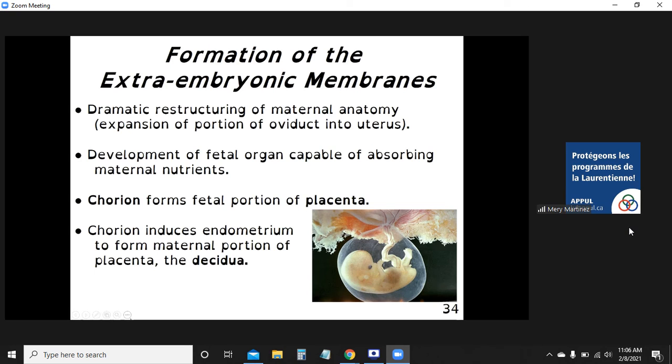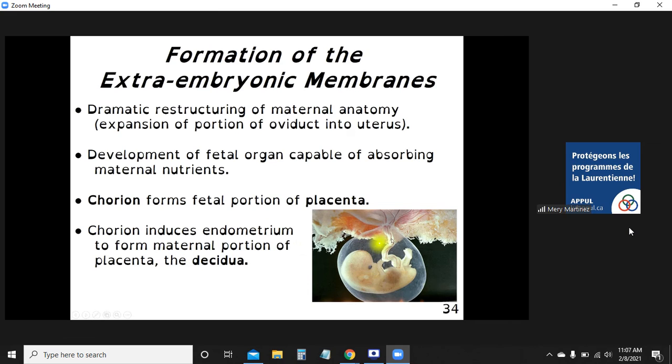If the lining of the uterus is allowed to shed, bye-bye fetus, right? Because it's sticking into it. So it produces regulators also of the immune response from the mom, so the embryo is not rejected as foreign tissue. So the chorion induces the endometrium to form the maternal portion of the placenta, which we call the decidua.